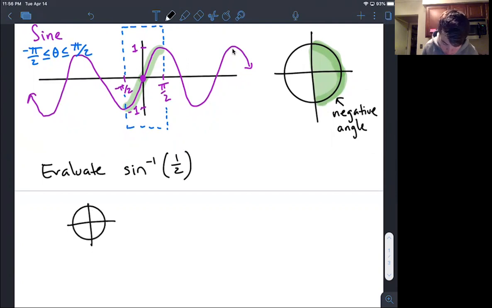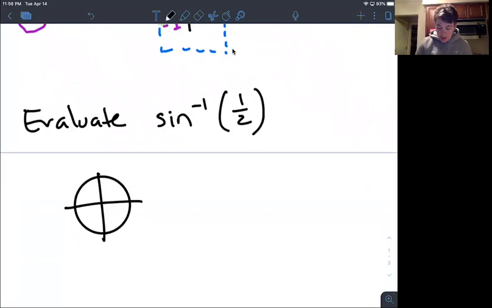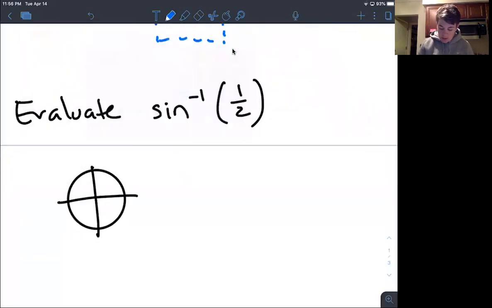I always want you to draw a little diagram. It's very, very helpful. What angle has the sine value 1/2? On my little tiny unit circle, sine is y. Where is the y value 1/2? That's right here at that angle, which is pi over 6.